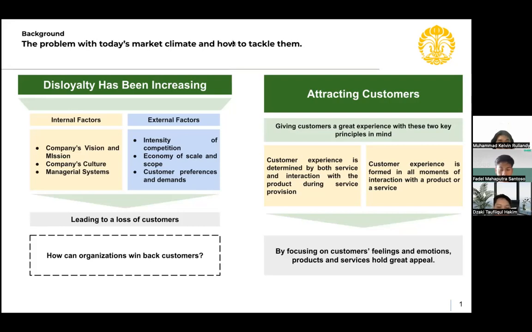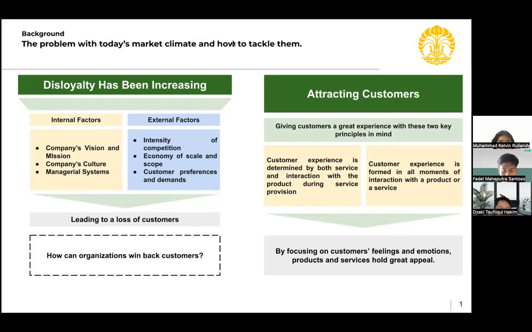Internal factors are the company's vision and mission, company culture, and managerial systems. On the other hand, there are external factors such as intensity of competition, economy of scale and scope, and customer preferences and demands. When these are not met, it leads to loss of customers.